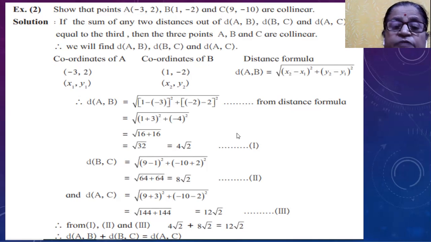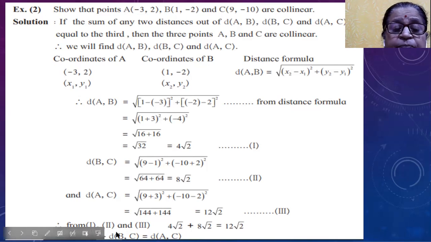So from equations 1, 2 and 3: from equation 1 the value is 4 into square root 2, and according to equation 2 we got 8 into square root 2, and this plus this is equal to 12 square root 2.